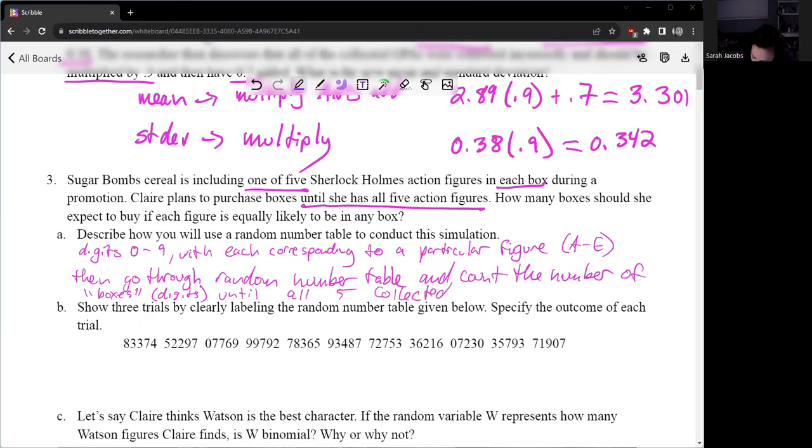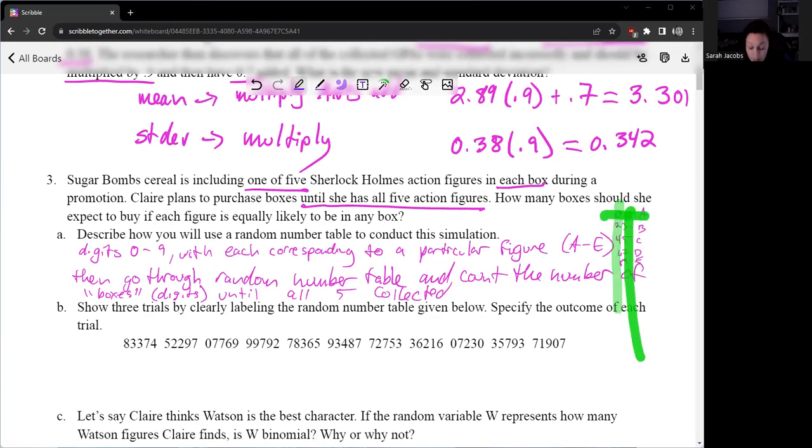And just for our purposes, I'm going to say 0 and 1 are figure A, 2 and 3 are figure B, 4 and 5 are figure C, 6 and 7 D, and 8 and 9 are figure E. Okay. And you can do this any way. It could be 0, 1, 2, 3, 4, and then 5, 6, 7, 8, 9.